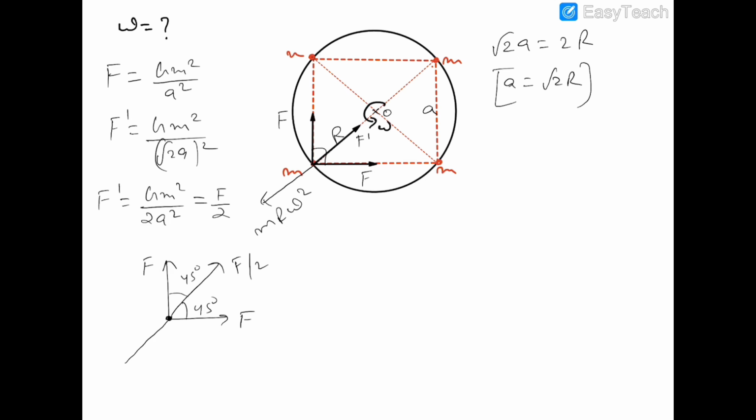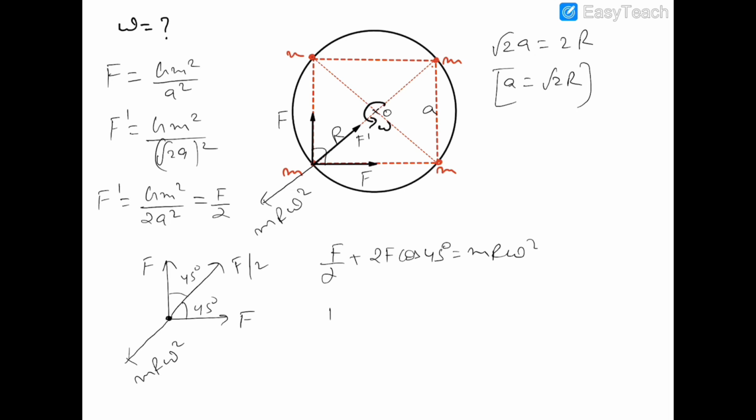Now a force of m r omega square is acting in just the opposite direction, and the resultant of all these 3 forces is balancing this m r omega square. So the resultant would be F by 2 plus 2F cos 45, and this is balancing m r omega square.